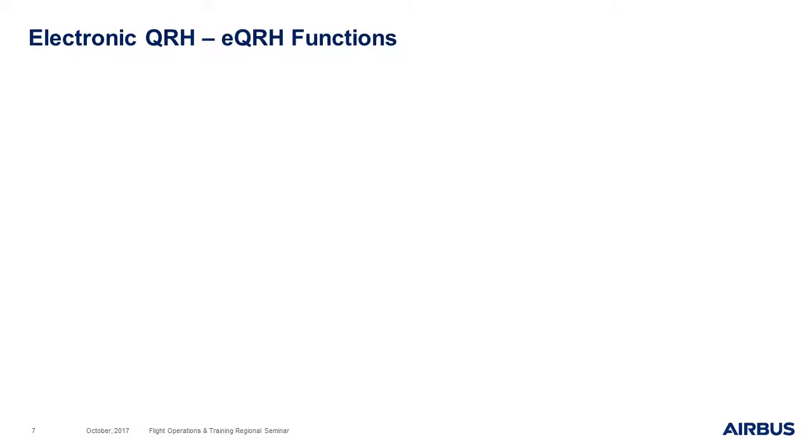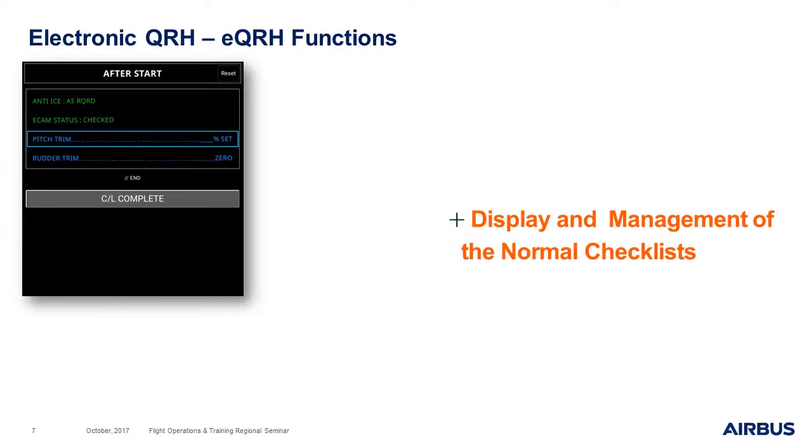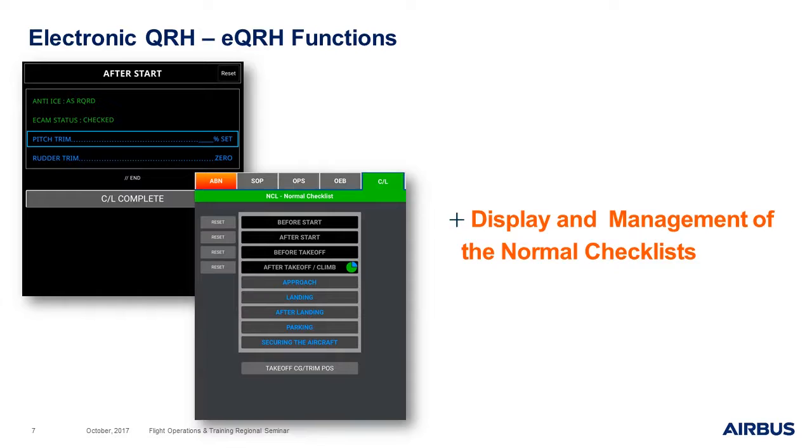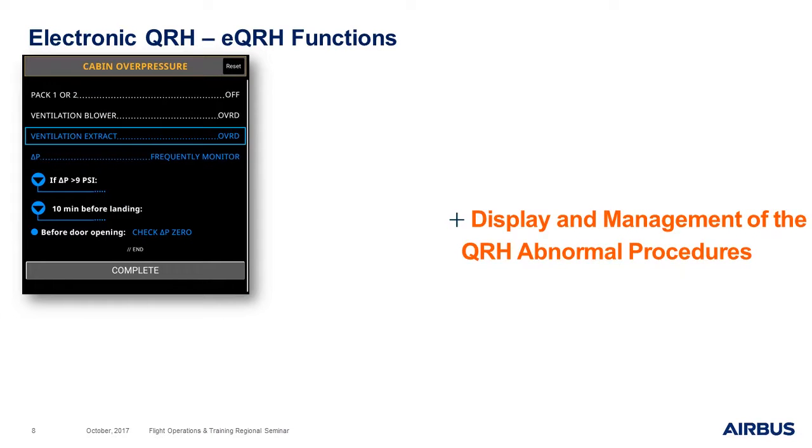The new electronic eQRH application provides you with 3 main functions. The eQRH enables the display and the management of normal checklists, like in this example. The pilot has the possibility to interact with the checklist content to complete the performed steps and to set the checklist statuses to complete. The eQRH provides also the possibility to display and manage the abnormal and emergency procedures.